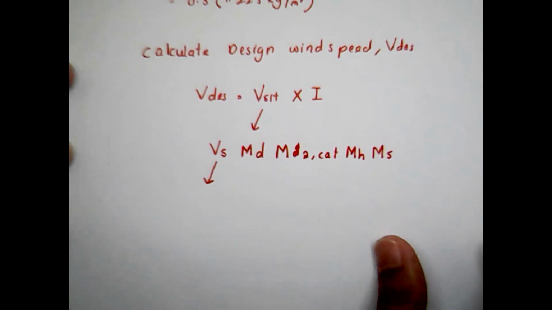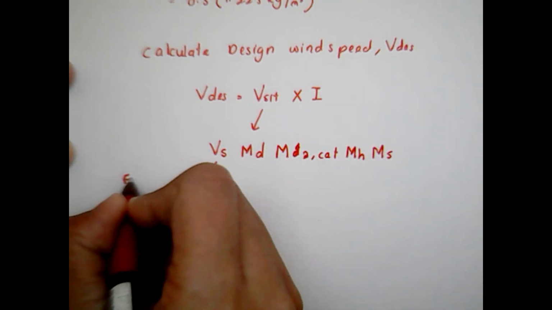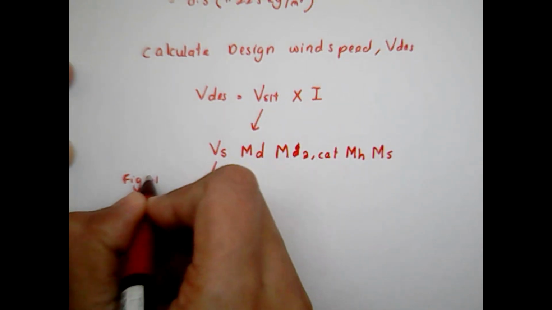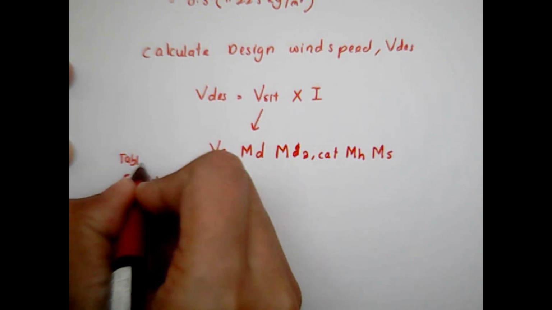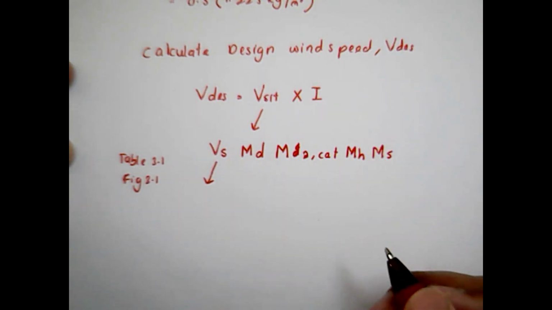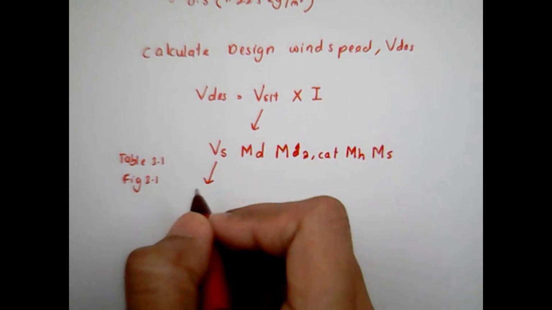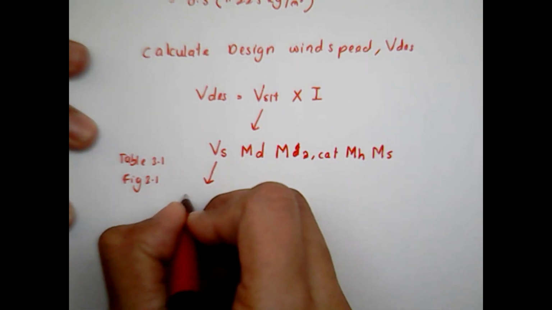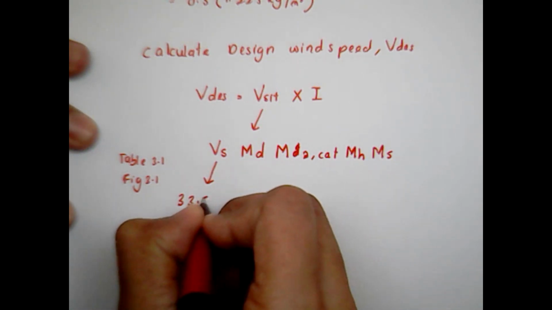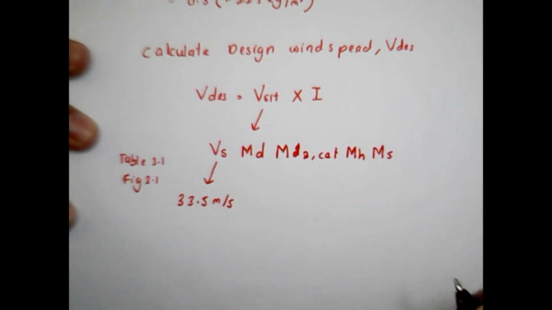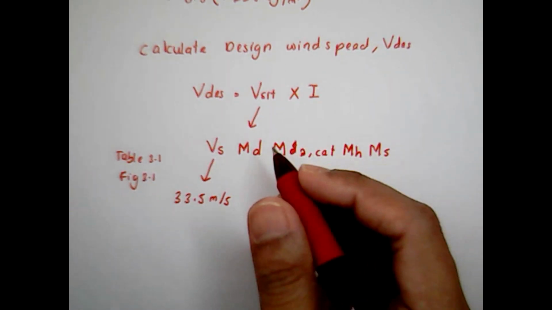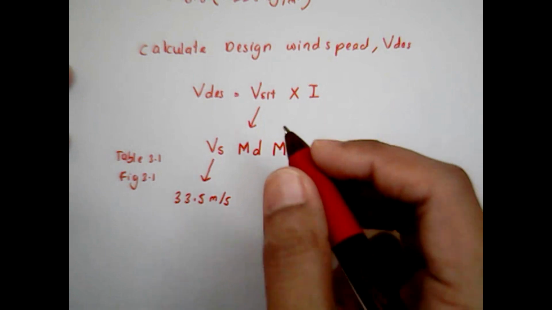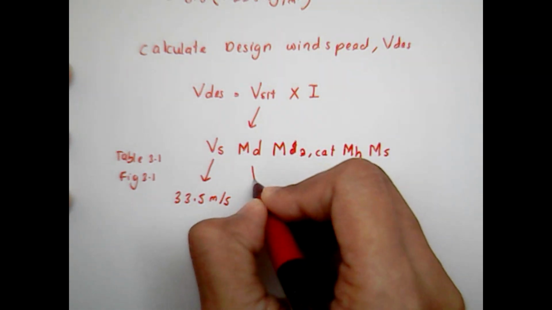So now you know that from either figure 3.1 or table 3.1 from the MS clause, your VS is equivalent to 33.5 meters per second.